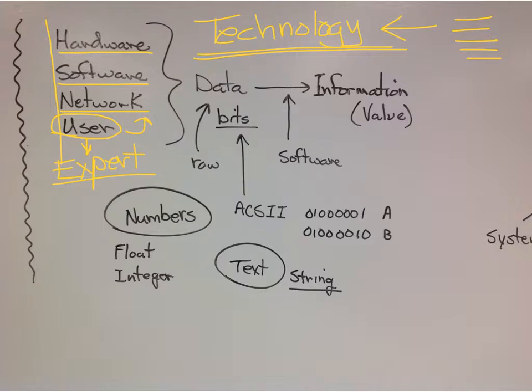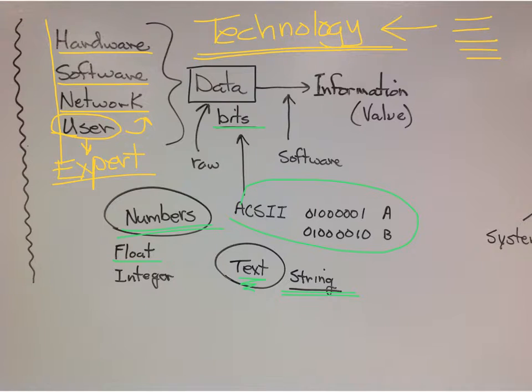Our first key thing that we're going to look at here is data. Data is made up of bits, ones and zeros. We did an example down here. It could be coded as text, which we'll be calling strings in the programming world, or it could be coded as a number.